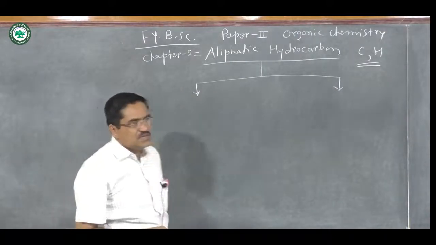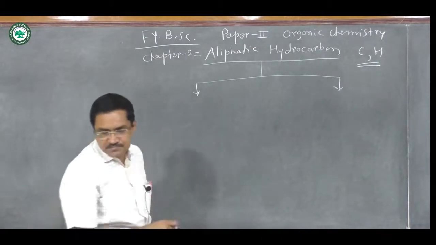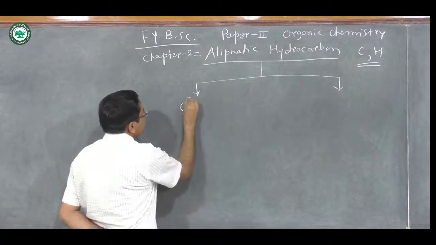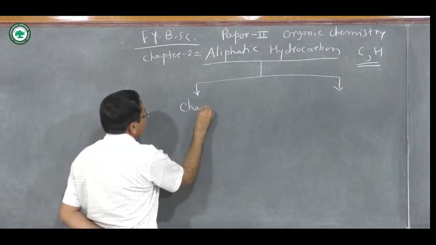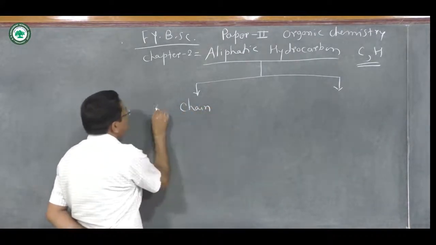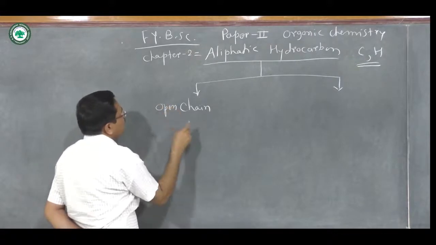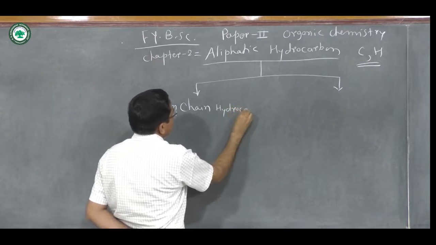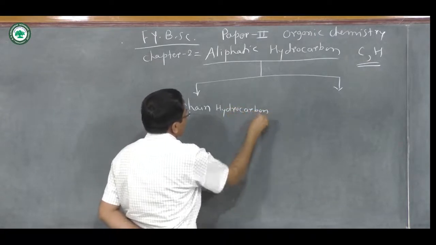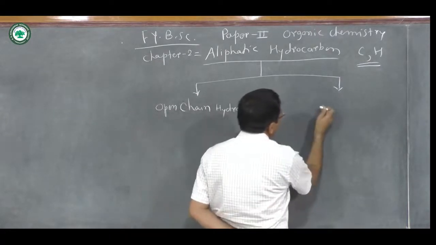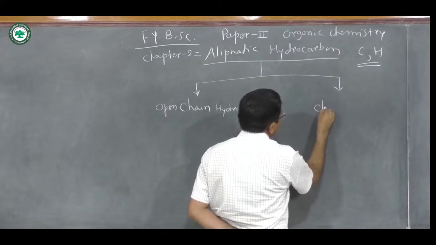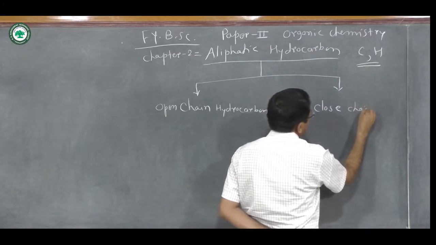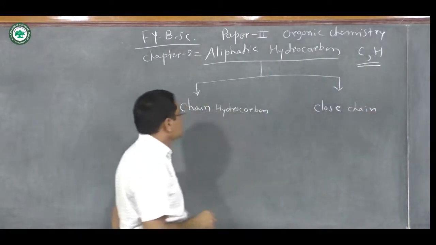Aliphatic hydrocarbon is classified into open chain hydrocarbon and closed chain hydrocarbon.